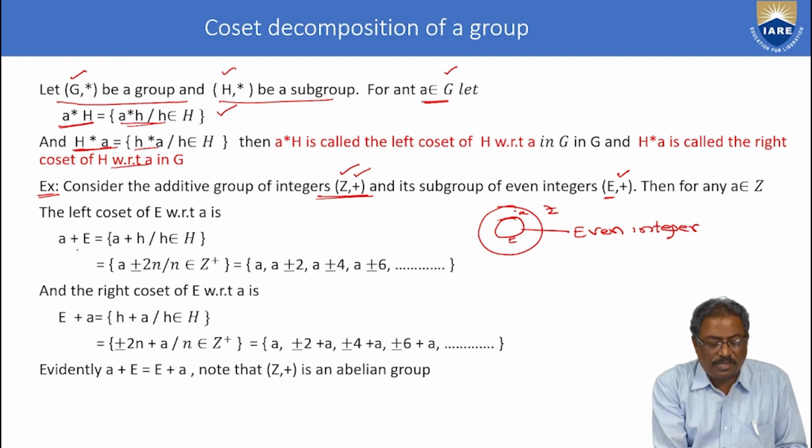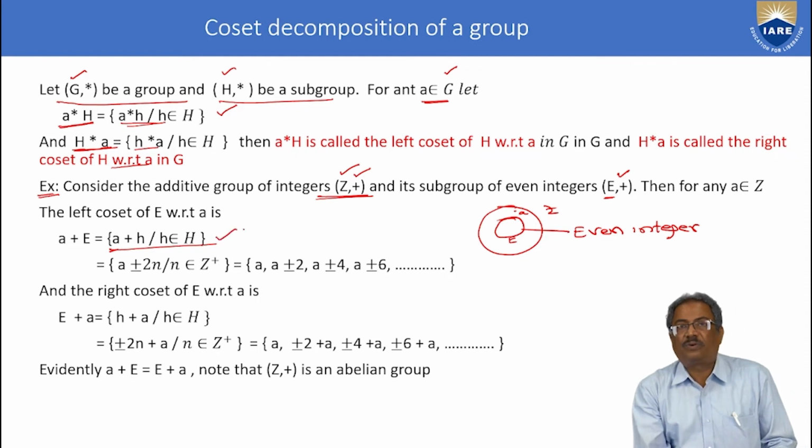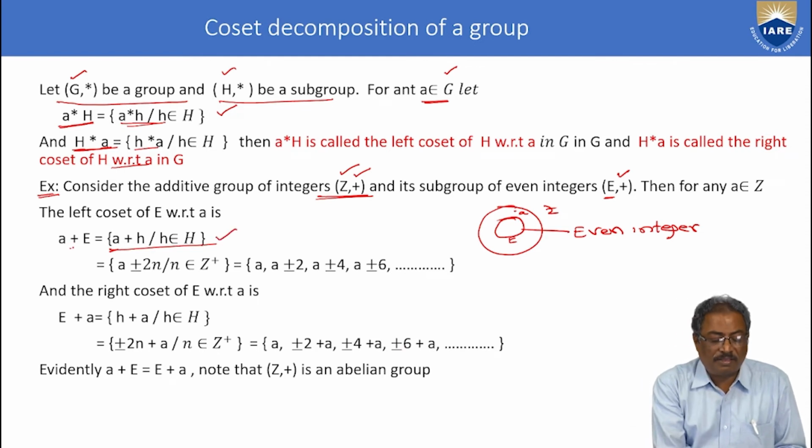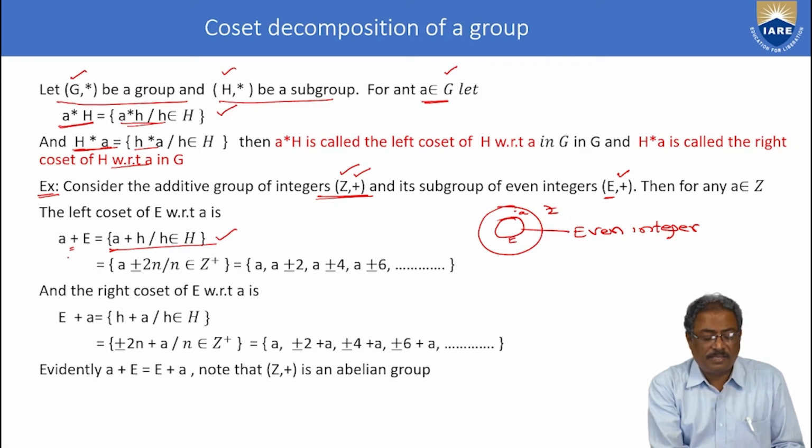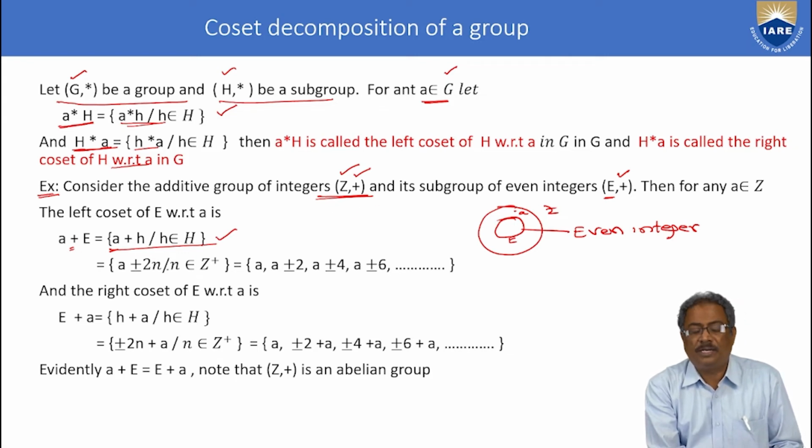So we take A plus E. This is the definition of the left coset, which means the plus operation we have to consider. If it were a product, it would be A into E. Here it is plus.